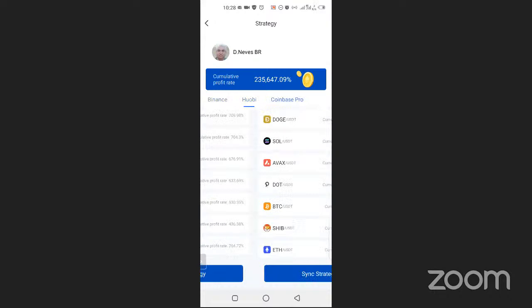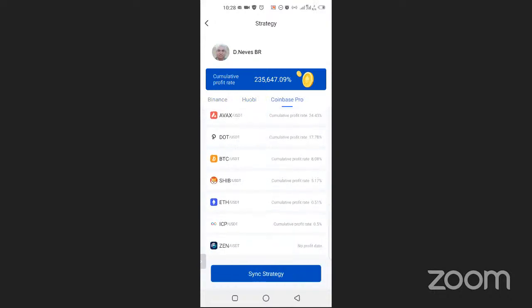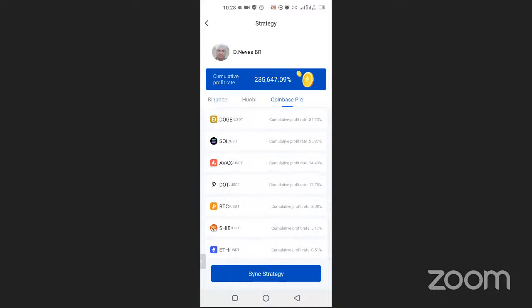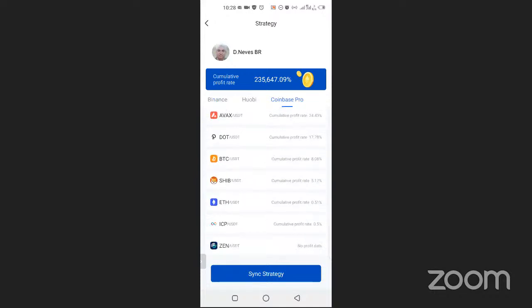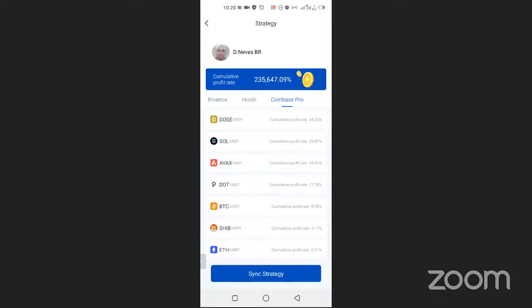If you go to Coinbase Pro, all coins. I think this is a new one. This one is trading against USDT, but it trades all the coins. So if someone has good capital, they can trade all the coins.